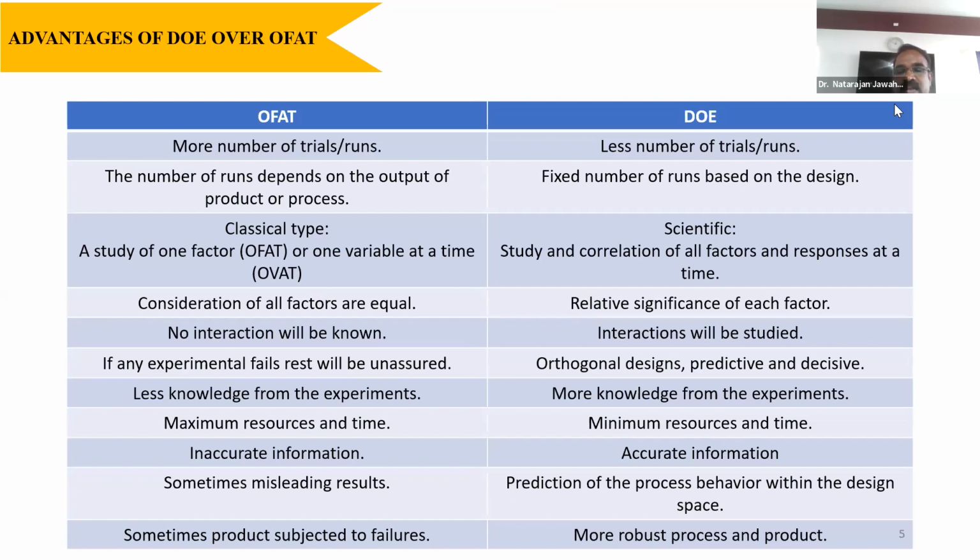In OFAT, all factors are considered equal, so we have to change one factor every time. But in DOE, we can easily identify the relative significance of each factor, which factor has more influence on the response.